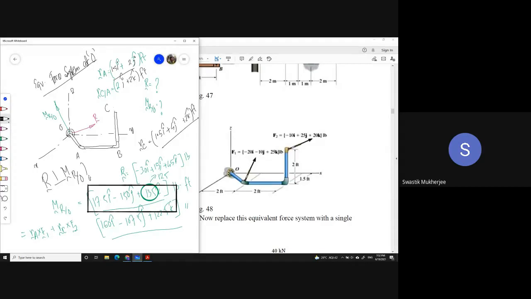No sir, orthogonal is not coming. Okay, so obviously this cannot be reduced into a single force system.